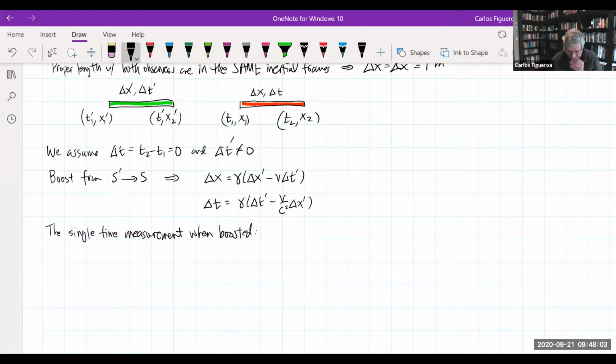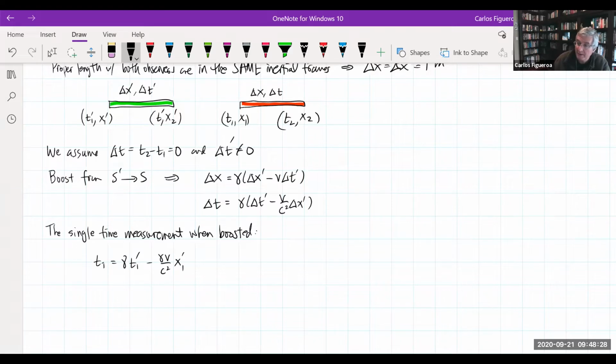Thank you. And so what you're going to do here is that for a single time, what I really mean here is that if I start with T1, and then I'm going to boost from the prime, then this is going to be gamma, which will be T1 prime minus gamma V over C squared X prime 1.